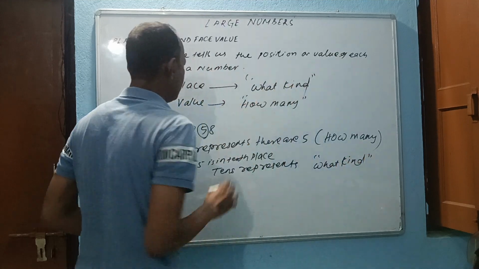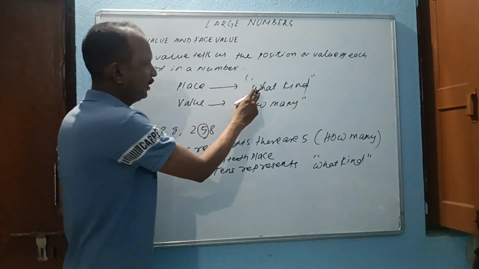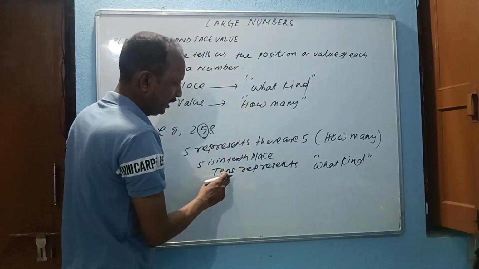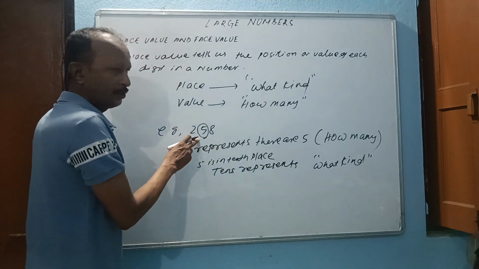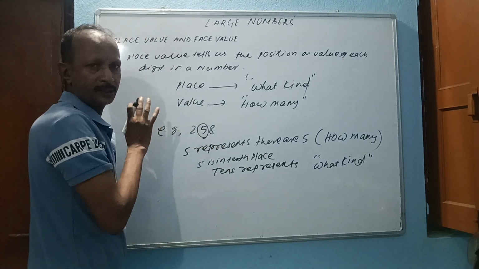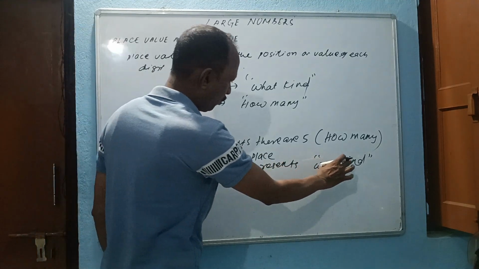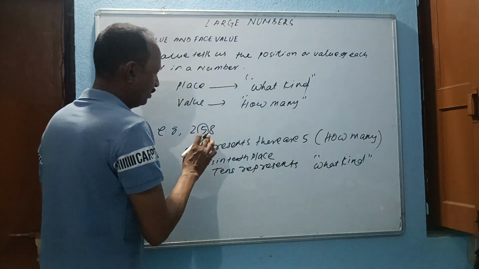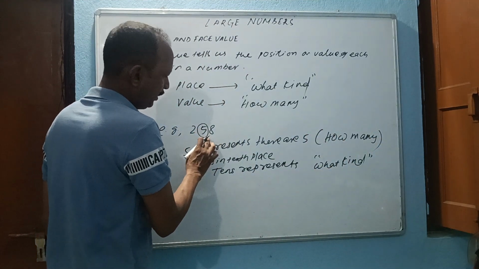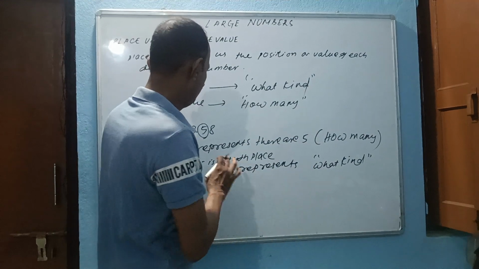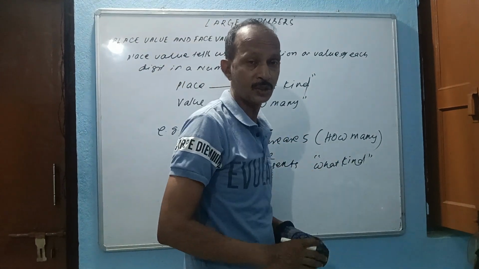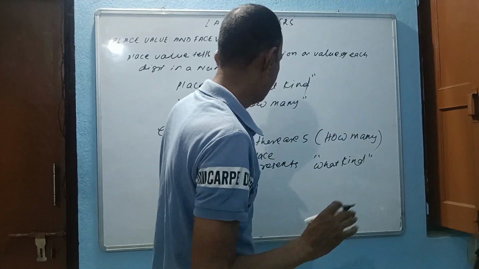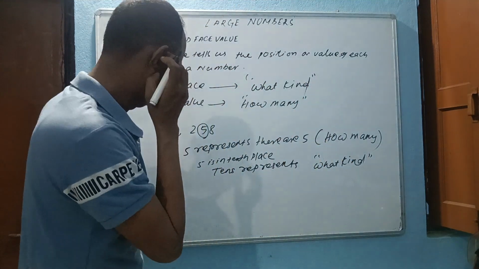I have mentioned here place represents what kind. I have written here tens represents what kind because here 5 is in the 10th place. Whereas 5 itself represents 5 number. 5 represents there are 5. That means it represents how many? Let us see in detail.